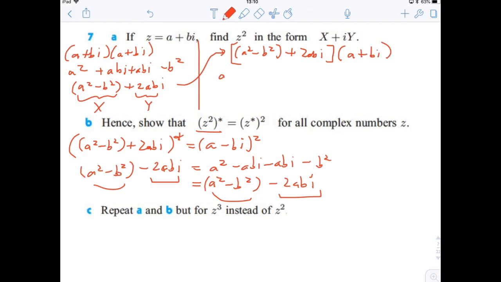So that's going to give me a times a squared minus b squared plus 2a squared bi plus b times a squared minus b squared i minus 2ab squared. And so the real part would be this and this would be the imaginary part.